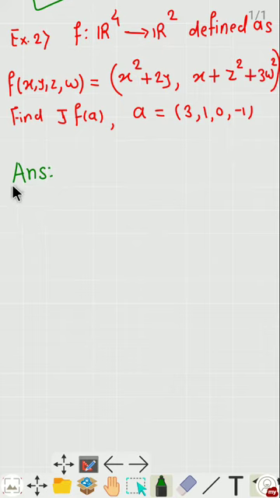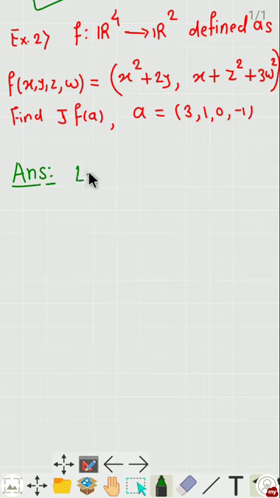Answer. Let us write the answer of this question. So f is a function.